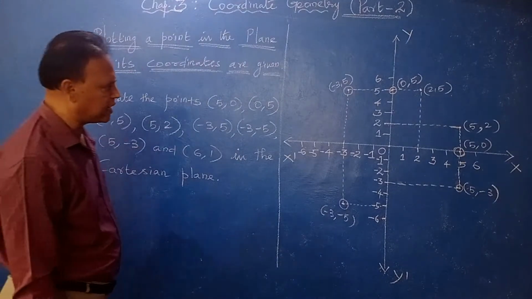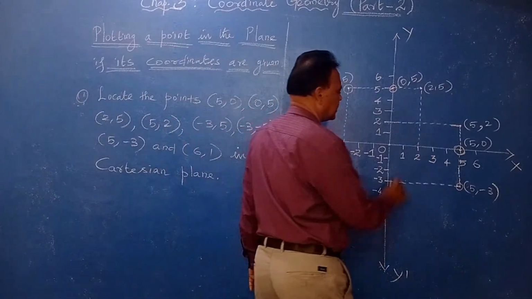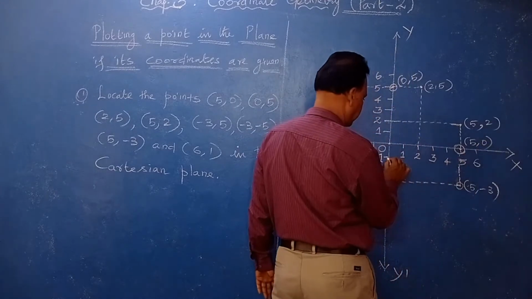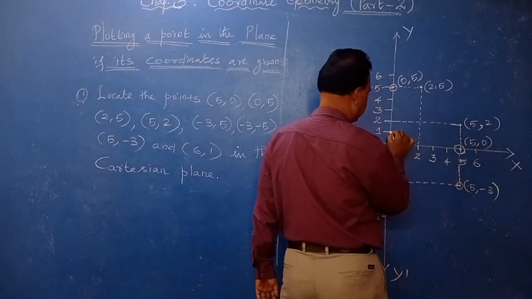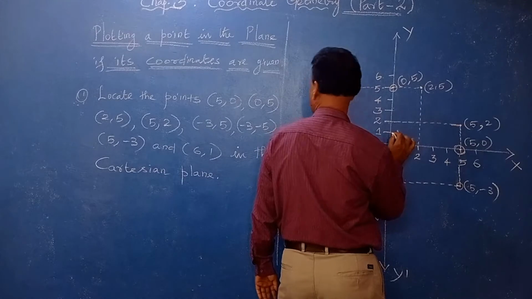And (6, 1). X axis 6, y axis 1. Y axis 1 here. Draw (6, 1).